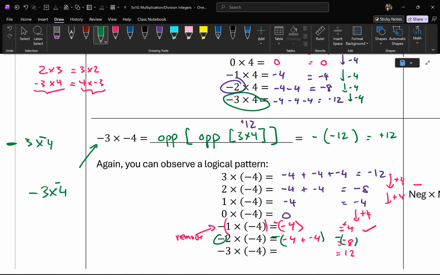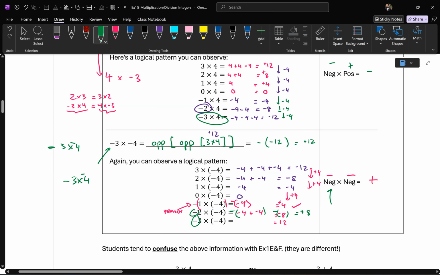If I remove your debt, you now have $8 in your pocket that you can use. That's what that extra negative becomes. And that's one of the hardest ones to first figure out and explain, because you guys aren't really truly working with money yet. But if you try to think in terms of money when you go and spend, this makes a lot more sense. That's why we say negative times negative overall is going to be a positive.